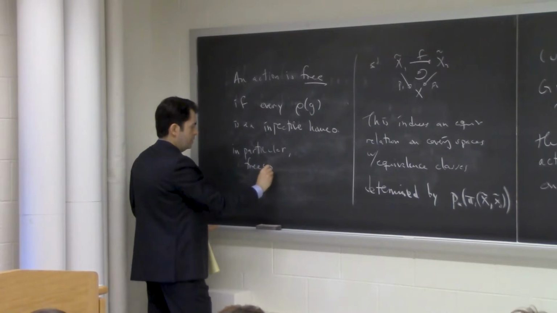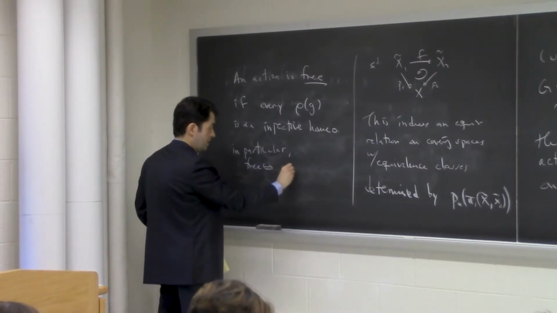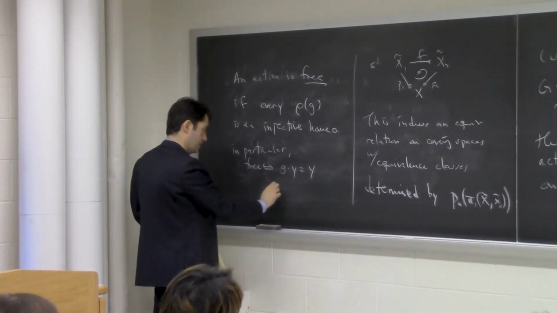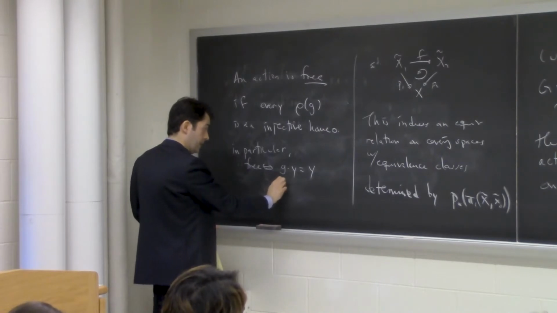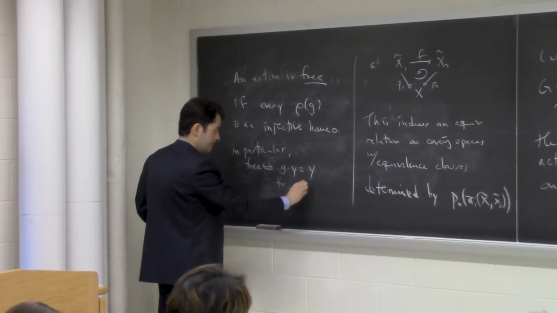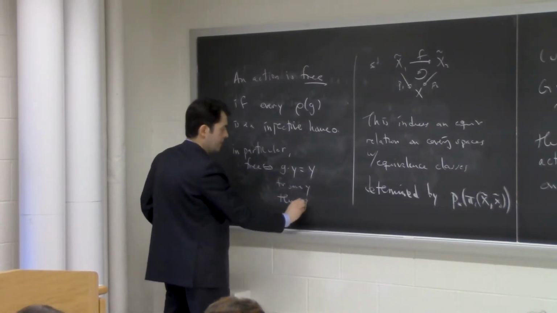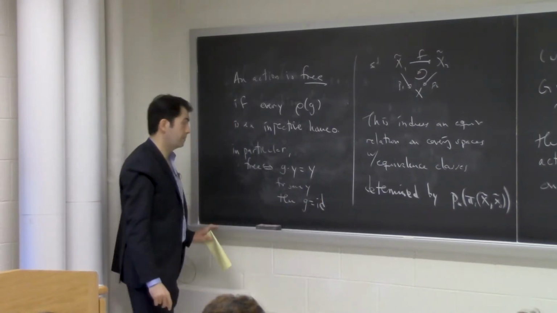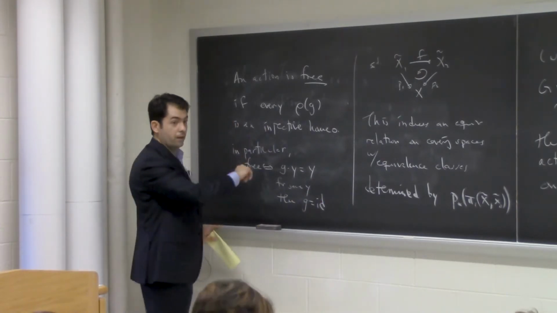Three says that if g times y is equal to y, for some y, then g has to be the identity. Well, rho g is always injective.